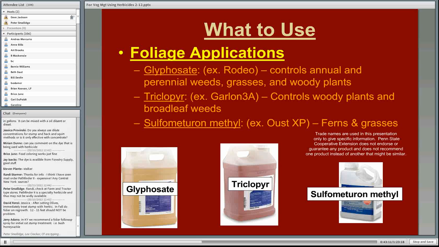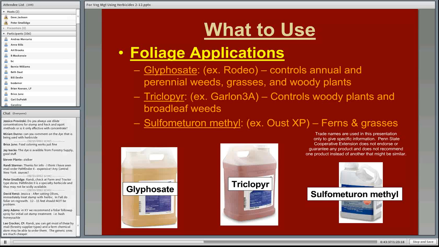So these are the products that you can use for foliar applications. A great shrub control mix is a mixture of glyphosate and triclopyr. The Garlon 3A and Rodeo mixture is a great invasive shrub control for things like shrub honeysuckle, autumn olive, Japanese barberry, and multiflora rose. It gives you good broad spectrum control.